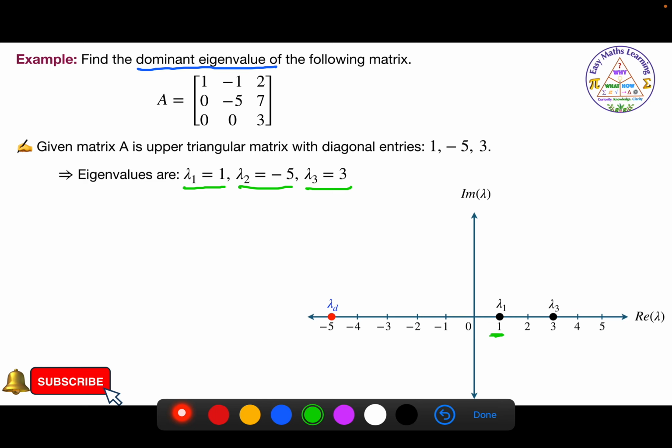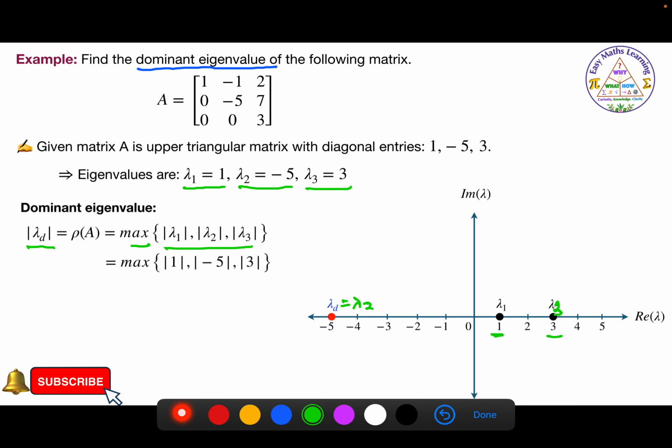So now you can see here, this is lambda 1 in the complex plane, lambda 1 equal to 1, and this is lambda 3, which is 3, and lambda 2 is -5. Now we check which one is the dominant eigenvalue. We take the maximum of the modulus of all these eigenvalues.